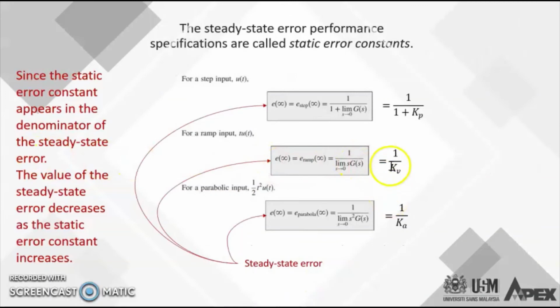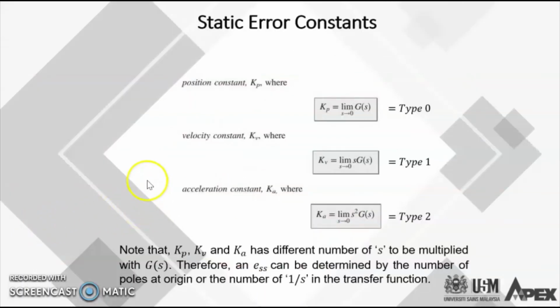How many s are involved here? This one is 0, this one has one s at the bottom, and this one has two s at the bottom. So those are the static error constants. And if you ask me what the important equations are in this chapter, I would say this one.